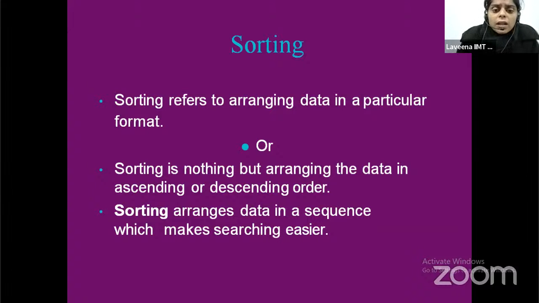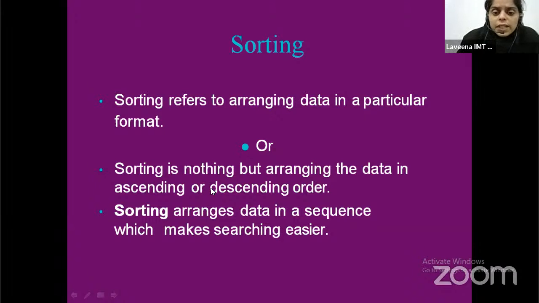For example, if I have to find the name of a student in a class according to the roll number, if it is in serial order, it will be easy to find the particular student because it is in a sorted array or sorted list. If it is shuffled or in an unsorted array, it will be difficult to find that particular student. So sorting is nothing but arranging the data in ascending or descending order.